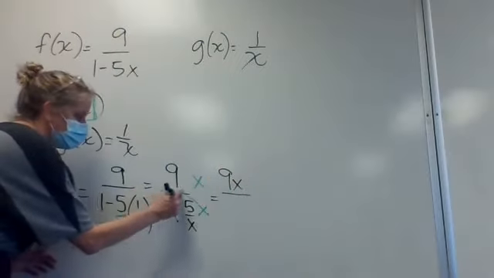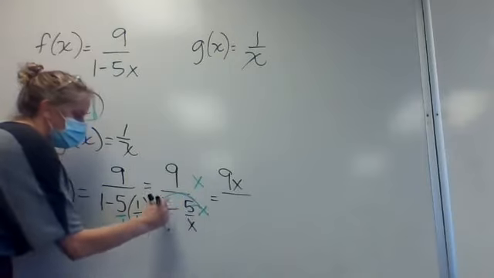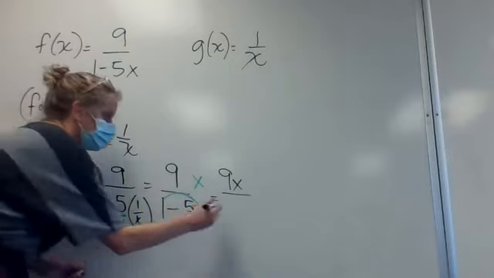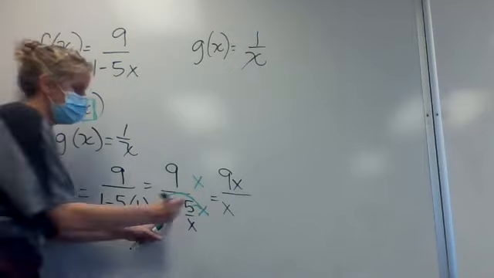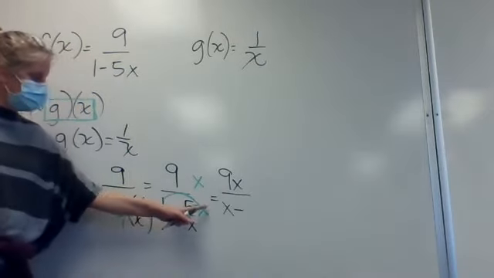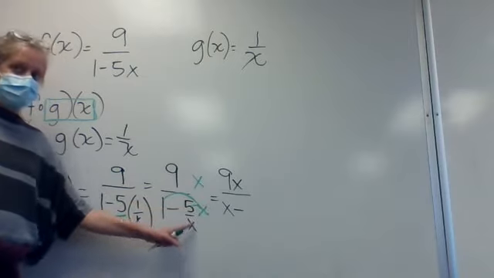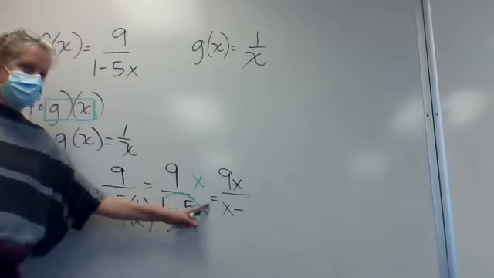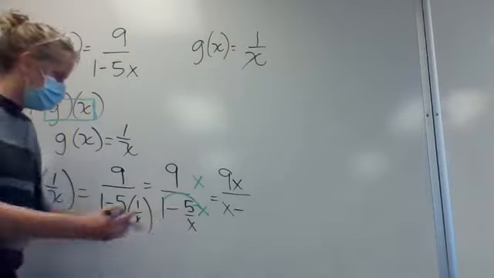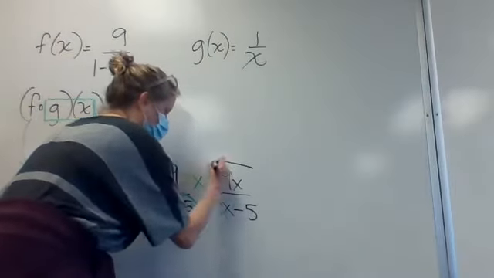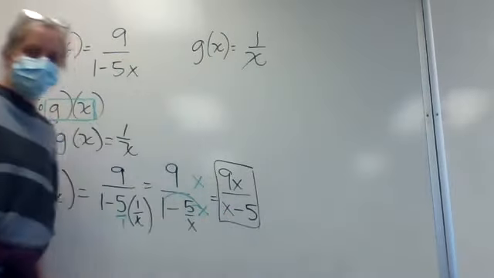In the bottom, this X goes to both of these. What's X times 1? X minus, here's why we use it, because now what happens when I multiply this 5 over X times X? What happens to these X's? They cancel. So I just have X minus 5.